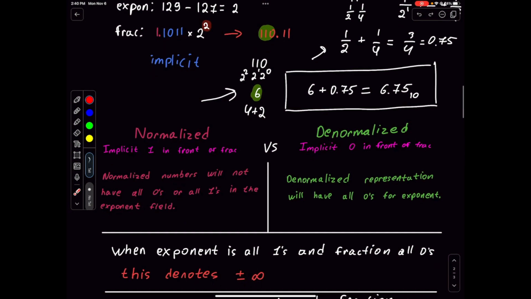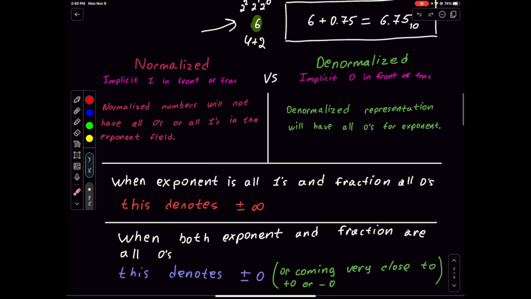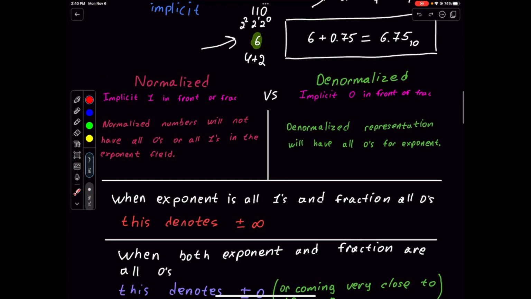Now let's go down. There's this important thing, as we talked about, normalized versus denormalized. What is normalized? How to tell? The way you can tell if a number is normalized is that it will not have all zeros or all ones in the exponent field.